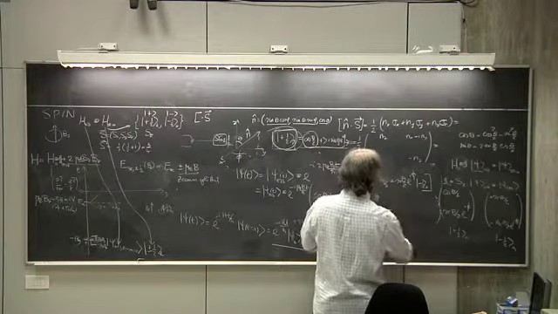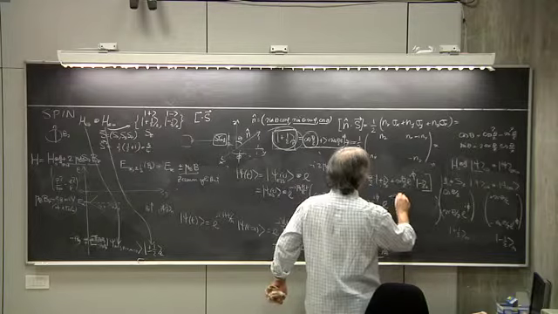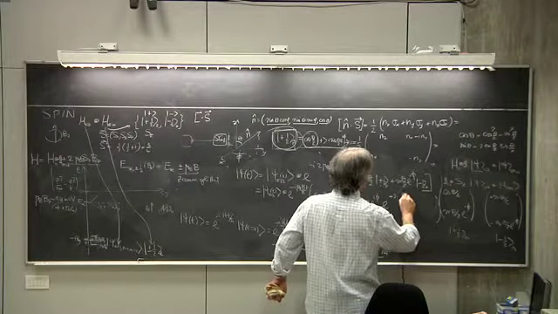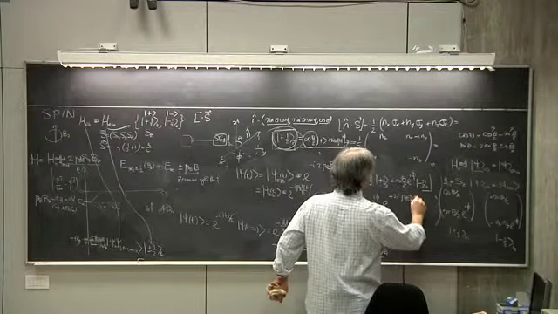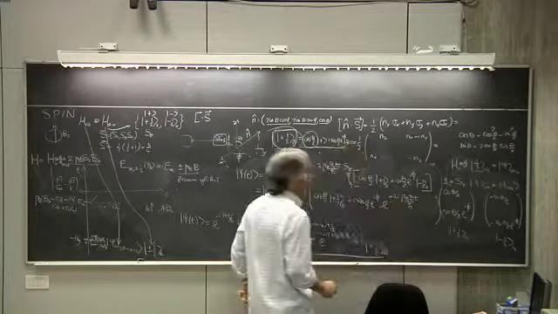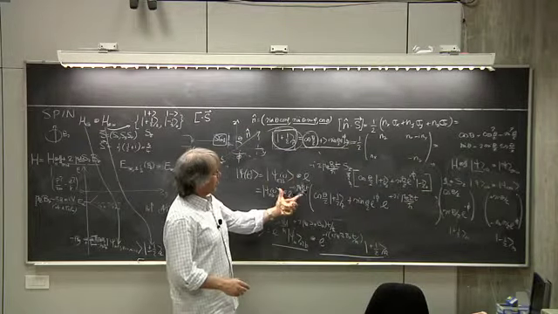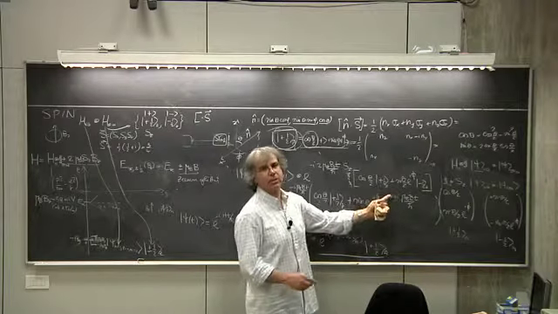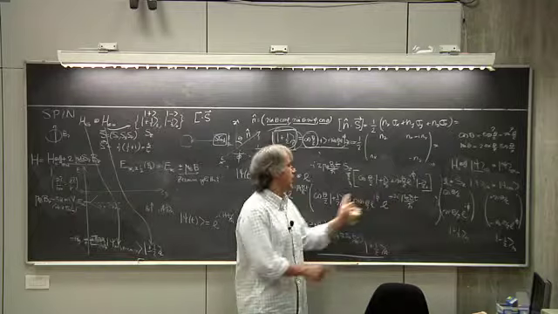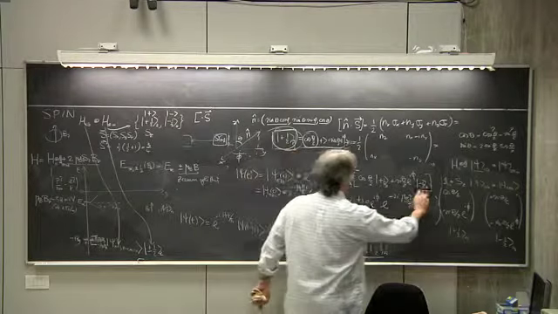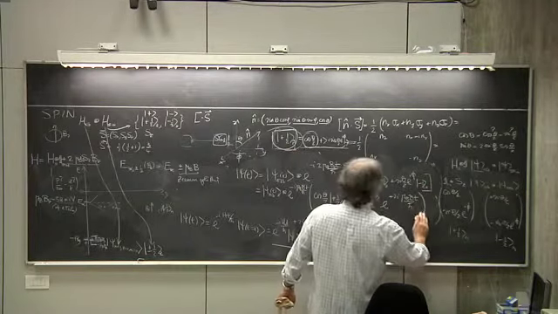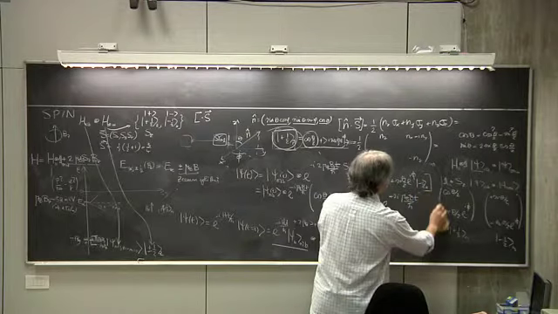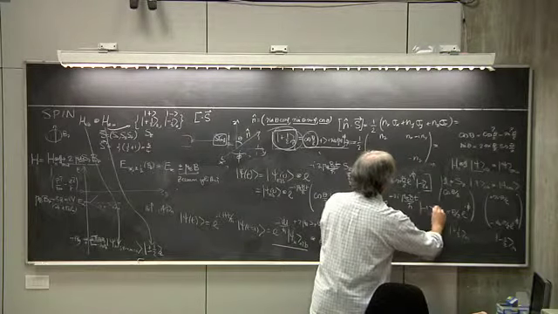Let me just write it, e to the plus 2i mu b B t over h bar. So I put e to the minus in front, which means that this becomes e to the plus 2i, in such a way that I have the correct thing. Now, I forgot the state, minus 1/2 n.